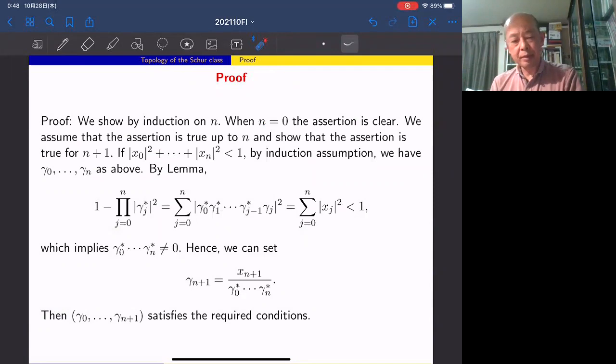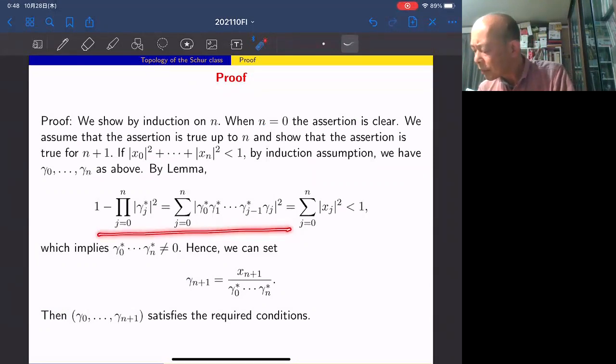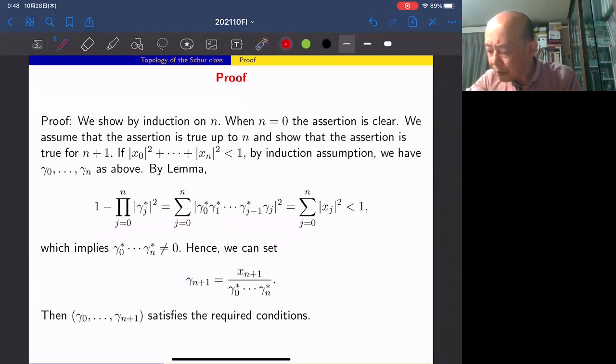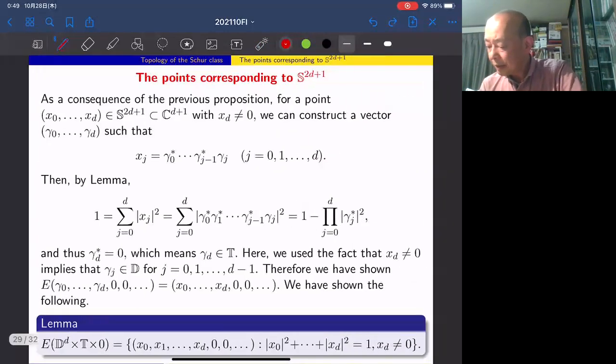For instance, by using the previous lemma, we have this relation, and maybe this is n minus 1. Oh, sorry, I was just confused. Maybe due to the time limitation, I will skip here. But by using the induction argument, we can show this result.